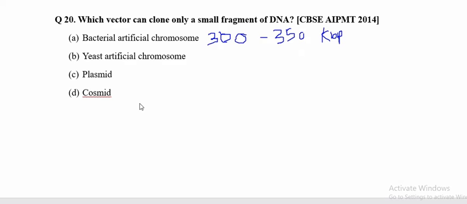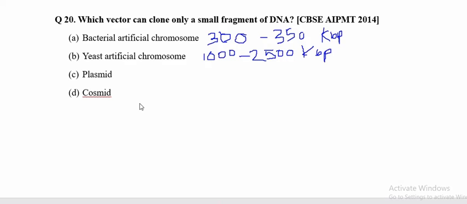The yeast artificial chromosome has a size of 1000 to 2500 kilo base pair.